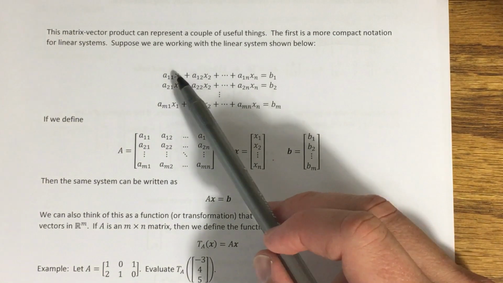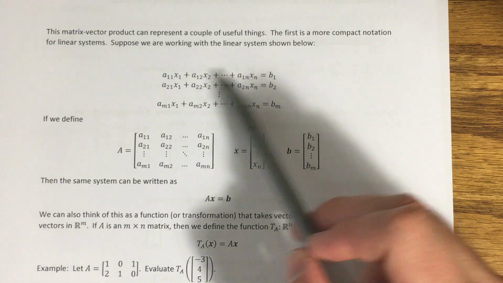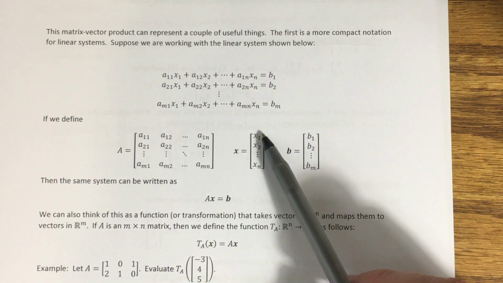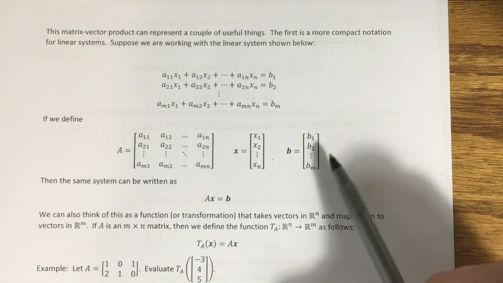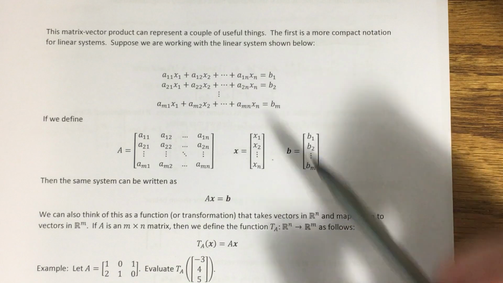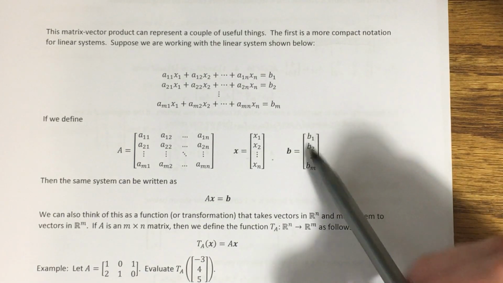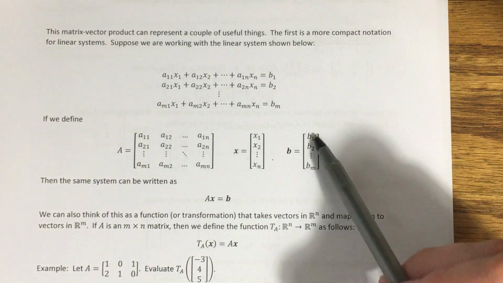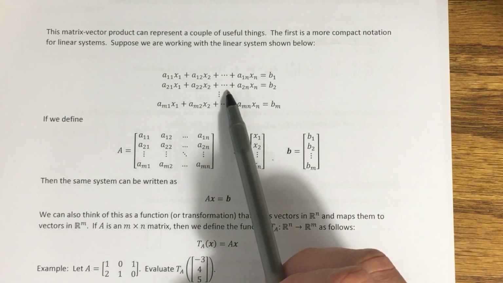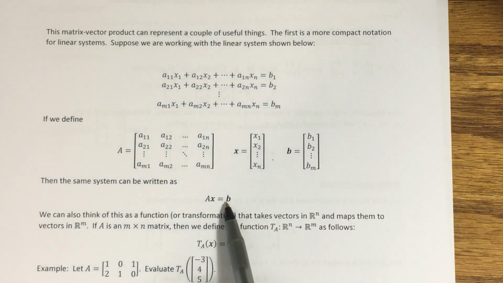And then the variables, x1, x2, all the way through xn, I'm going to load those into a column vector. x1, x2, and so on, right? And then the constants, b1, b2, all the way through bm, is going to be another column vector, an m by 1 column vector. I can take this linear system and represent it this way.